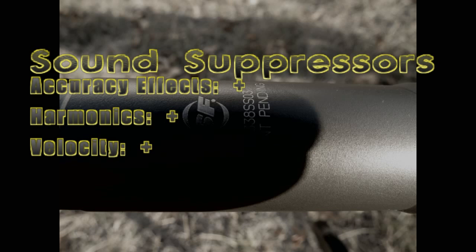You're actually going to have a slight increase in muzzle velocities on many of your well-made rifle suppressors. Sometimes you can have a reduction in muzzle velocity. Sometimes it won't change hardly at all. But a lot of times you will see an increase of 15, 20 feet a second, sometimes more, sometimes less. So it will not negatively affect your velocity, especially if it's a well-made suppressor designed for that exact caliber you're using it in.